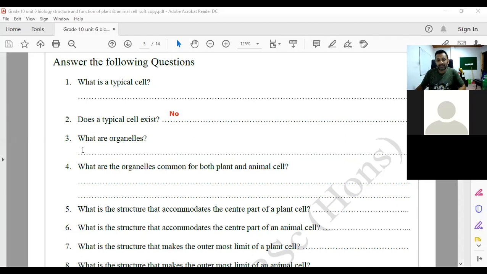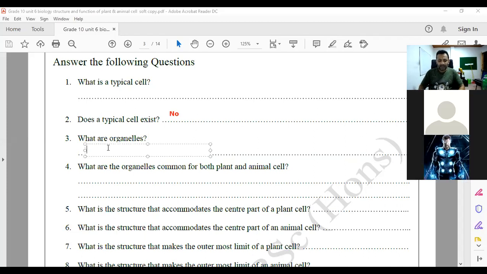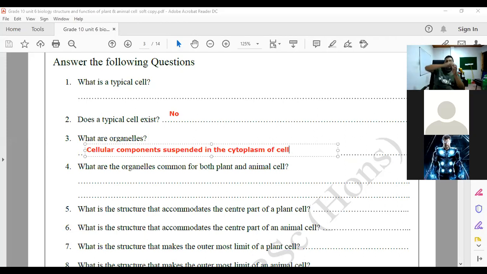Right. What are organelles? Cellular components suspended in the cytoplasm of cells.